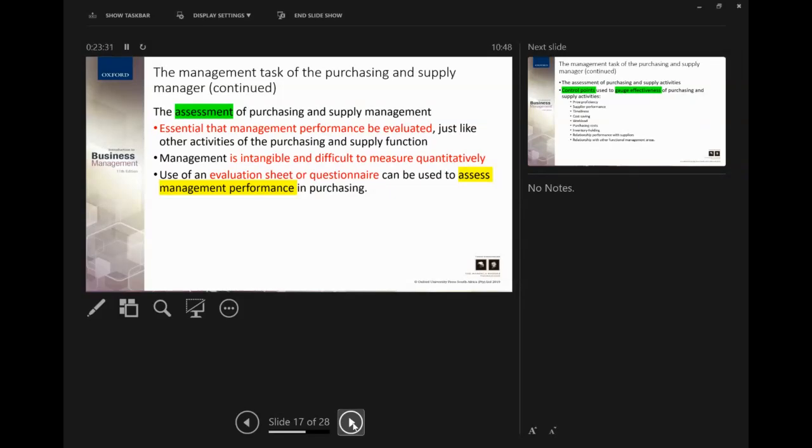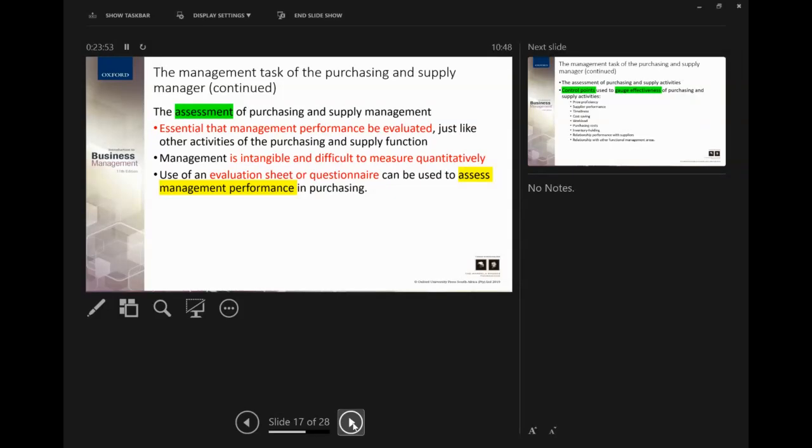Management is intangible and difficult to measure quantitatively. Use an evaluation sheet or questionnaire to assess management performance in purchasing.